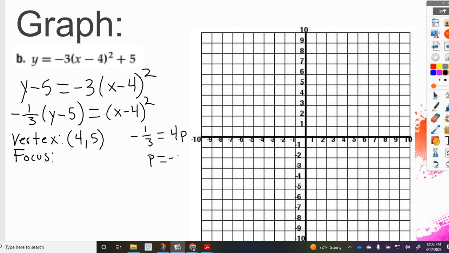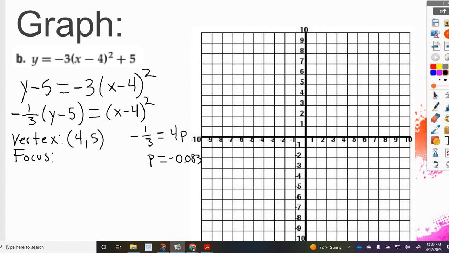-0.083. Yeah, that's fine. Are you okay with that? We're just setting that front number equal to 4P.